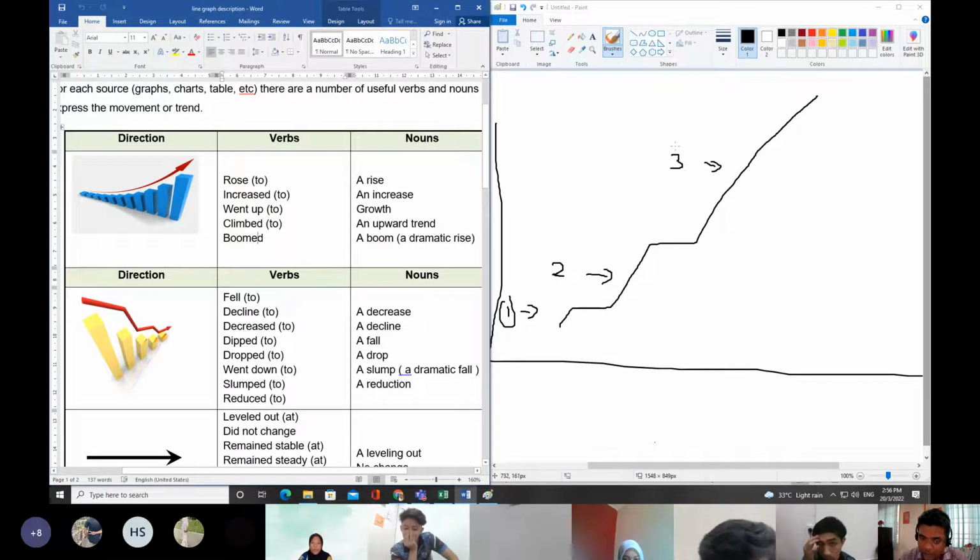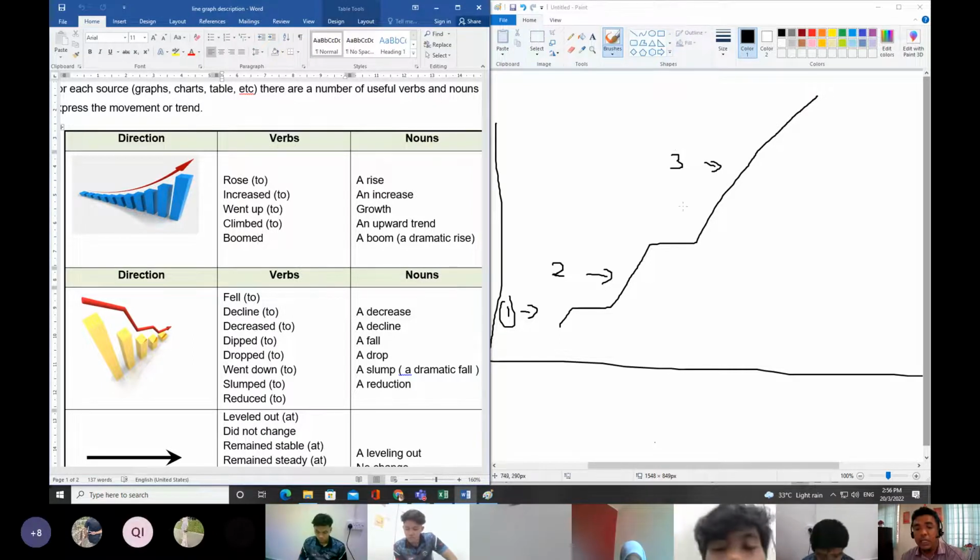Of course, number three. So, boom, you do not use for number one, number two. Yes, people can use it, you don't say it's wrong, but it's much more appropriate for a very large increase. Situations where there is a very noticeable increase in the data. So boom is usually used in situation number three.